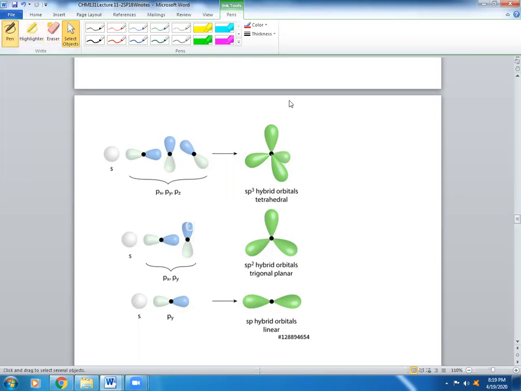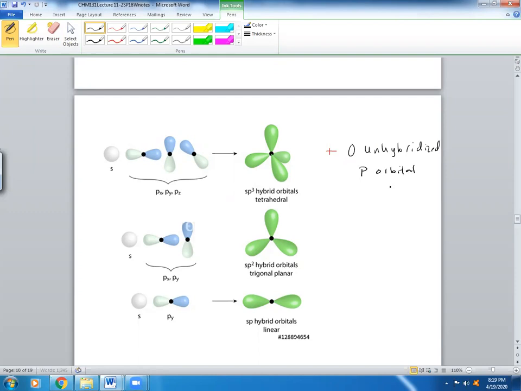But what I want to draw next to it is, notice how you used all the p orbitals in the sp3. So therefore, you have plus 0 unhybridized p orbitals.